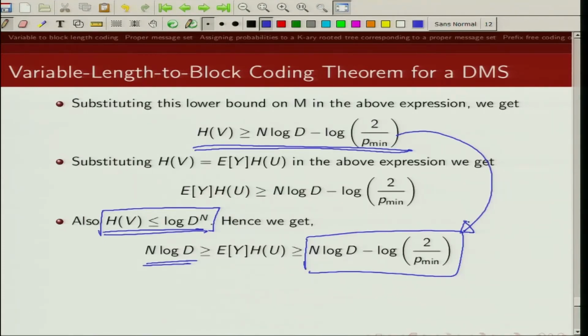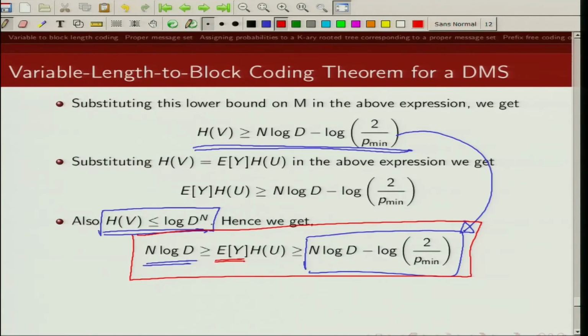So combining this upper bound and lower bound, I can write that this is a relation governing the expected value of y, the uncertainty in u, the code word length, the D-ary alphabet size of the output, the code word length, and this is the minimum probability of the single letter emitted by the discrete memoryless source.